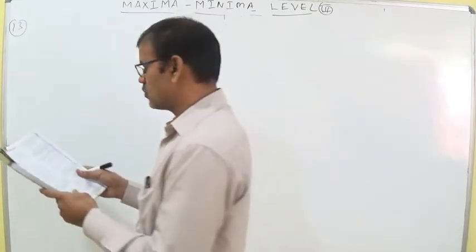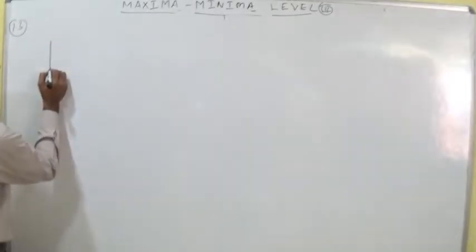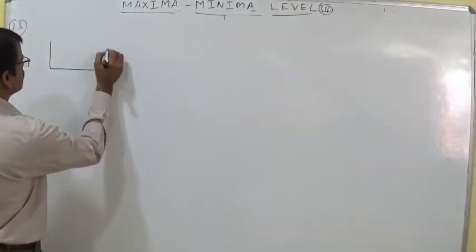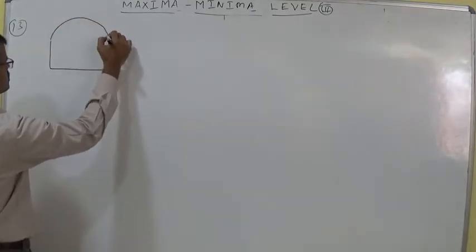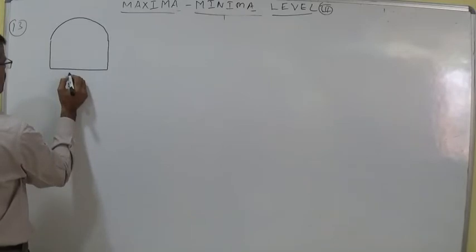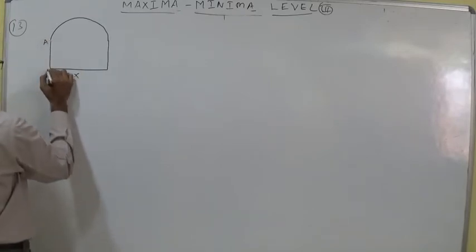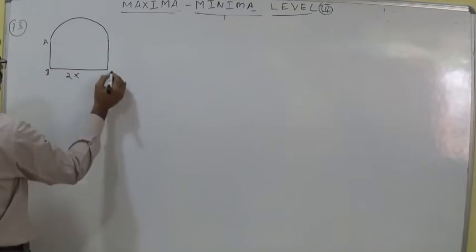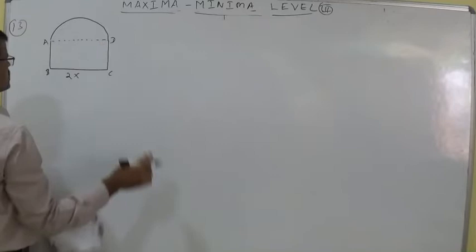Now, a window is in the shape of a rectangle surmounted by a semicircle. Let us draw the diagram. This is the semicircle shape. Let the length be 2x. Put the names A, B, C, D. This is not there.